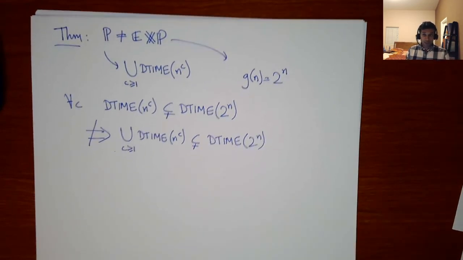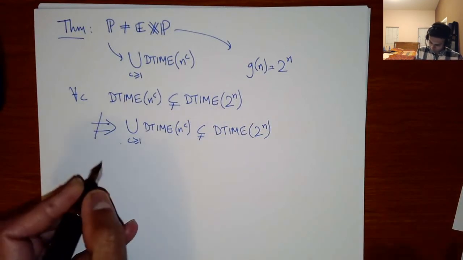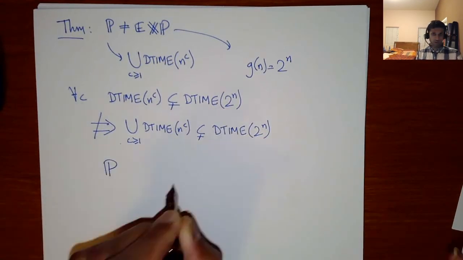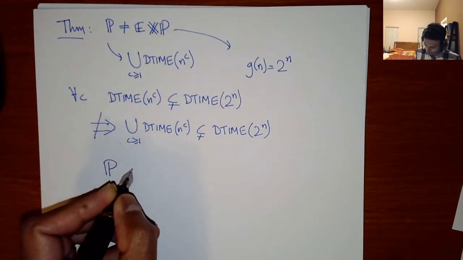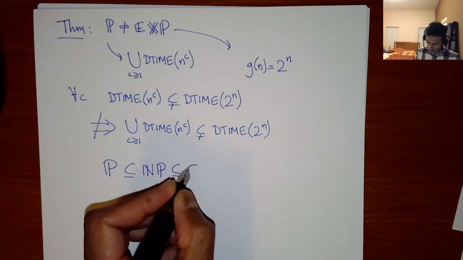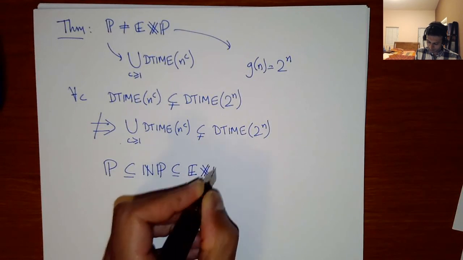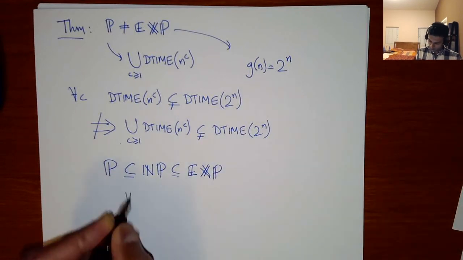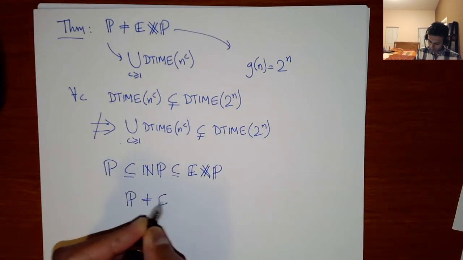So now this gives us something quite remarkable, which the first time I saw this, it kind of blew my mind. We know that P is a subset of NP, and this is a subset of EXP. But P is not equal to EXP.